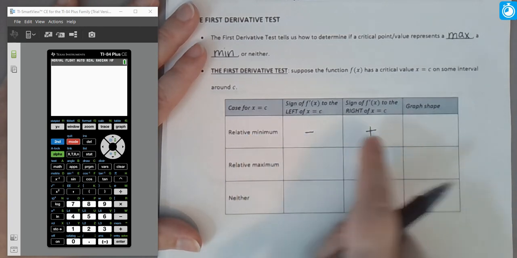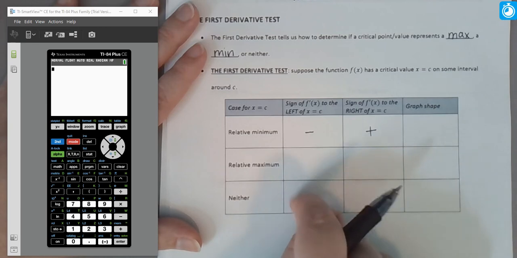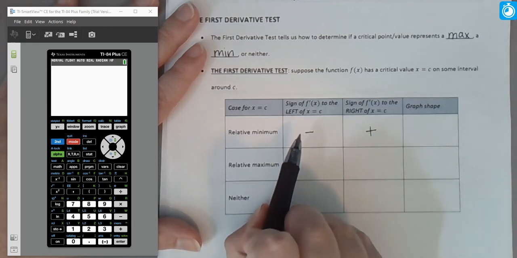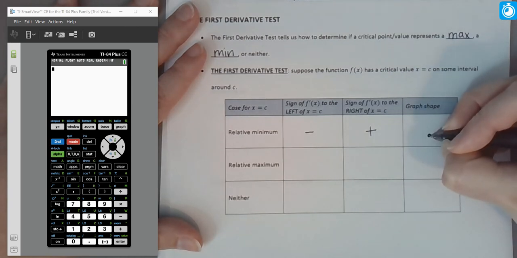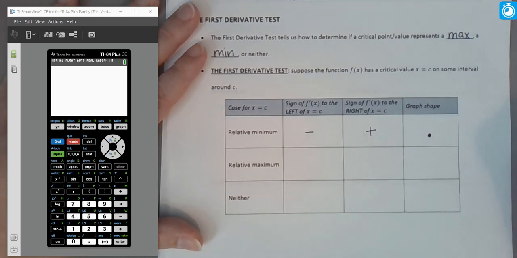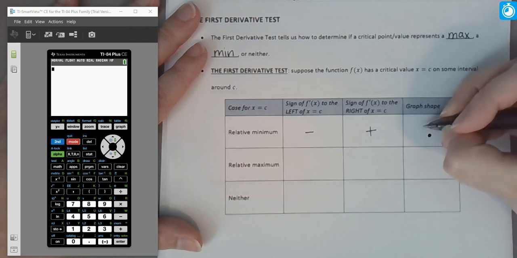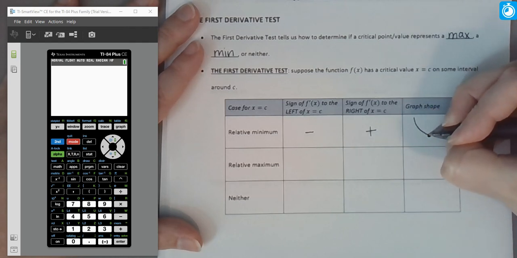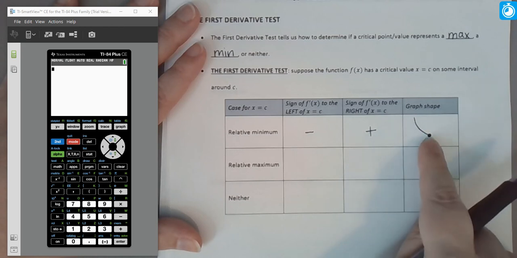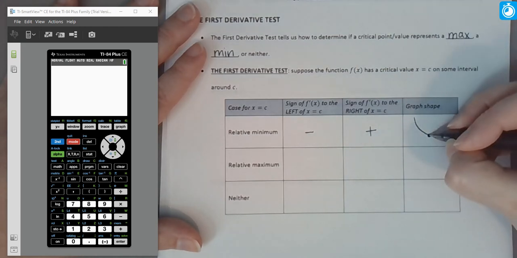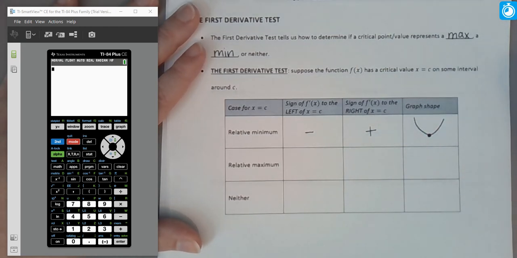Now, why is this? I don't want you to have to memorize a bunch of things. Well, think about what this means. Suppose this is the point we're talking about. If we have a negative derivative to the left of that, that means we're sloped downward. If we have a positive derivative to the right of that location, that means we're sloped upward.